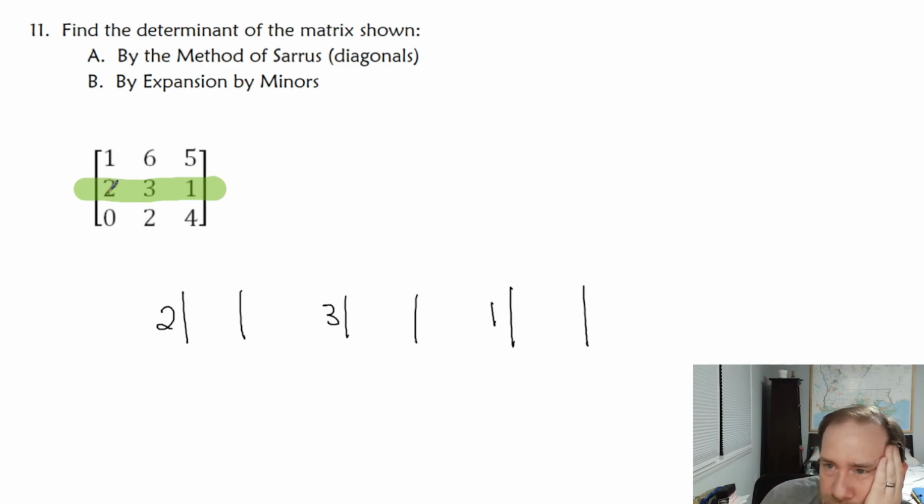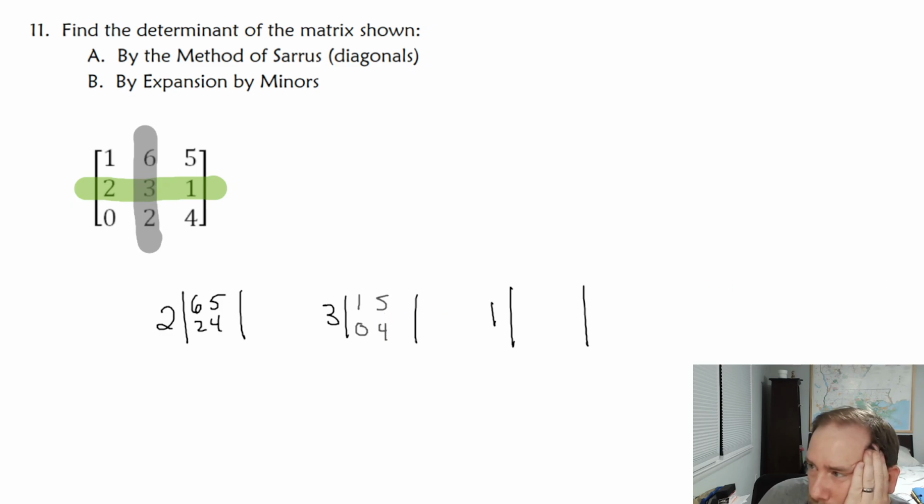For the minor matrix for 2, I'd be killing the middle row and the first column, so the minor matrix this time would be 6, 5, 2, 4. The minor matrix for the one with a coefficient of 3 would be 1, 5, 0, 4. And the minor matrix this time is 1, 6, 0, 2.